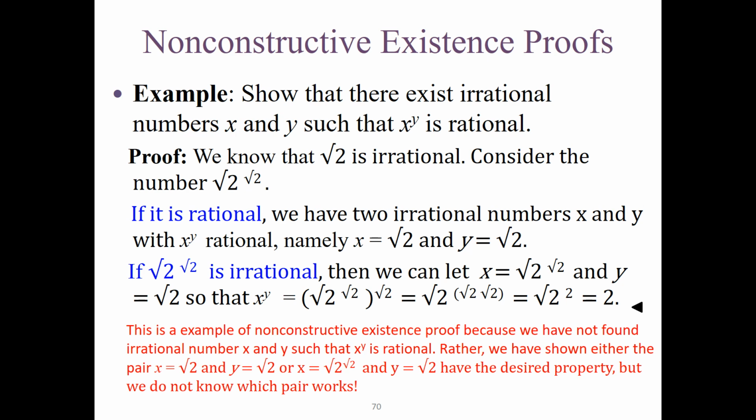Instead, we don't know this rational number, but we still can prove that this statement is true. So if we do not discover the example to prove that it exists, however, we have other strategies to prove the statement is true. So we call this non-contradictory existence. Okay. So you can see this is totally different to proof by contradiction because we didn't assume something wrong and derive the contradiction. Instead, we can have different strategies to prove the statement is true.